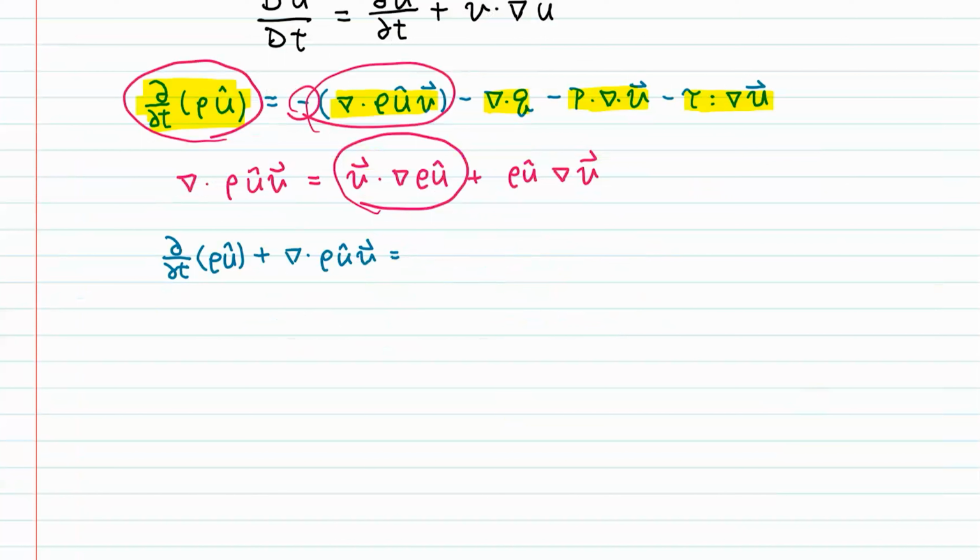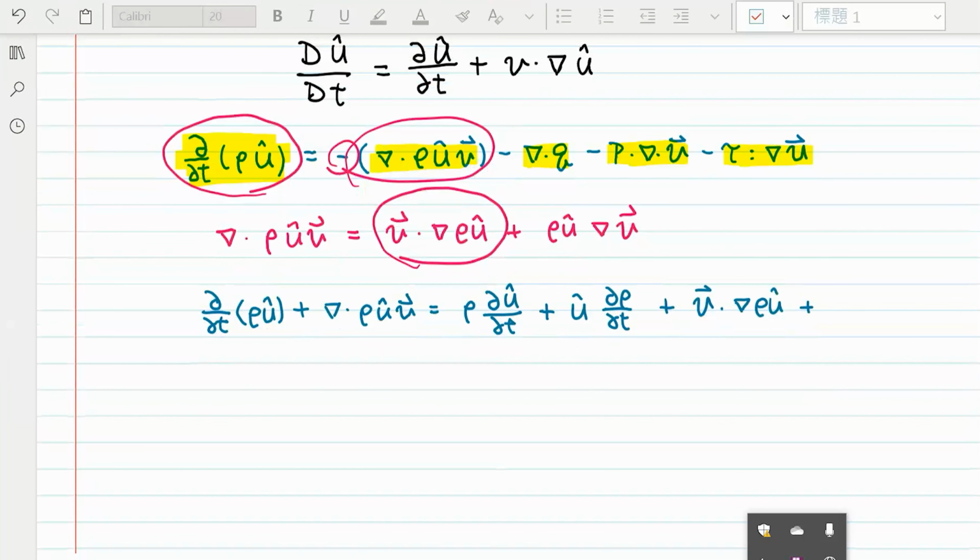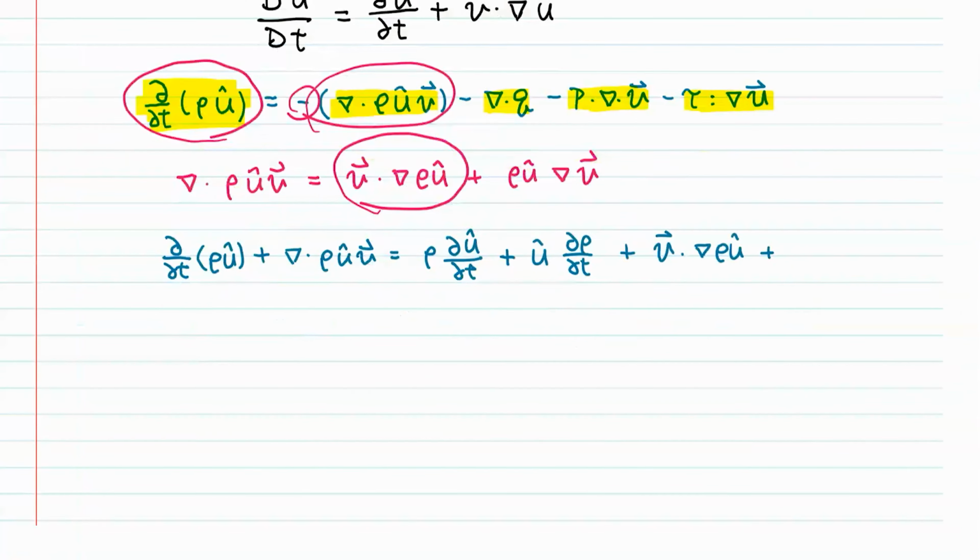So first, on the left hand side, for the partial derivative, we can now say this equals rho partial u partial t plus u partial rho partial t, plus v dot gradient rho u, plus u times the divergence of rho v.